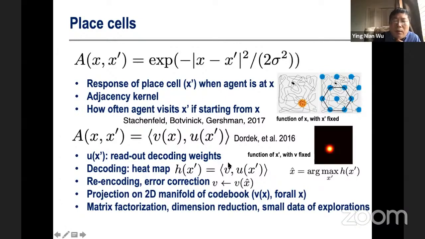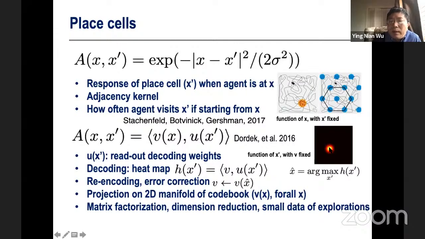In the decoding process, let v be your vector representation of cell position. Then you can compute a heat map. For each place cell, compute this response, this inner product. Together you have a heat map, but this one is a function of x prime with v fixed. Then you see that you have the heat map and the maximum.